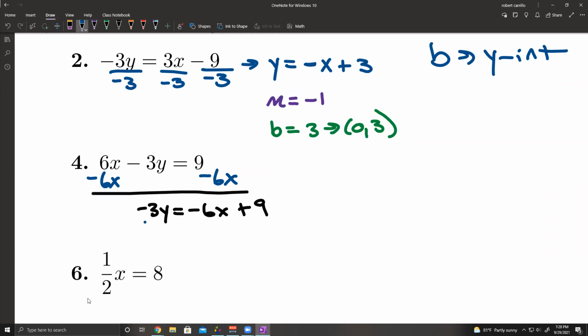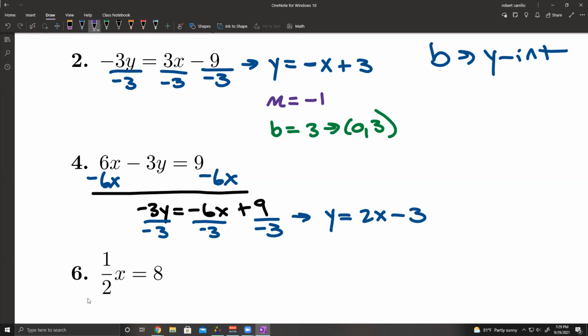Now, divide everything by negative 3. And I get positive y equal to what? 2x minus 3. Perfect.